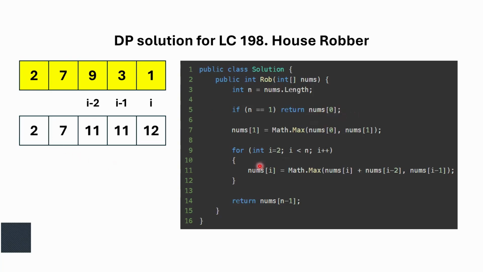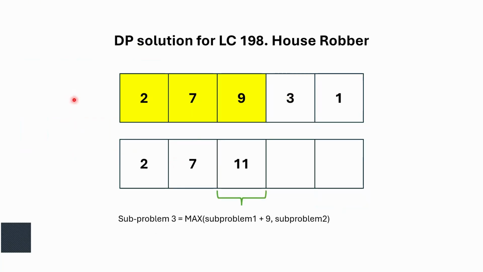By the way, this algorithm runs in place, which means that it does not need an auxiliary array. What we saw earlier looks like we need a second array besides the original array given by LeetCode, but we actually don't need the auxiliary array.